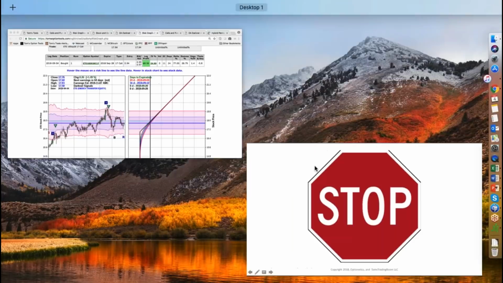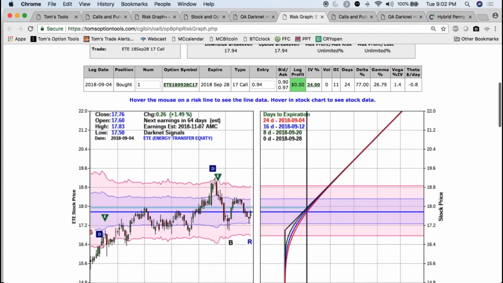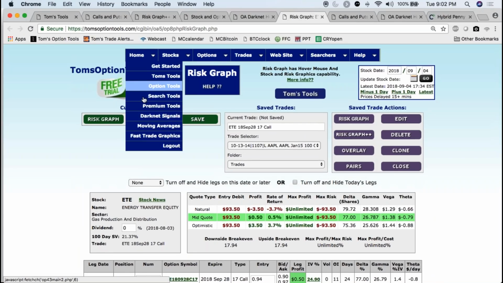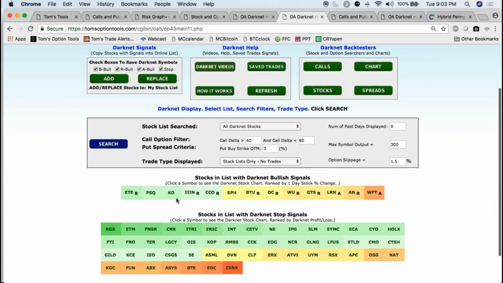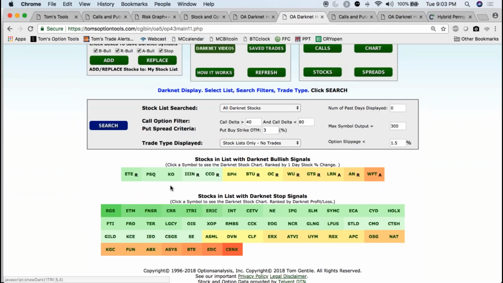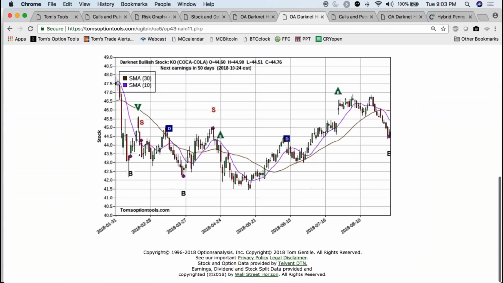If I were to take you back, let's see if I can grab something here that's in the Darknet program. Let's go back to signals again, and let's see. These are all stops, but if I could grab the Coke trade again for a moment.